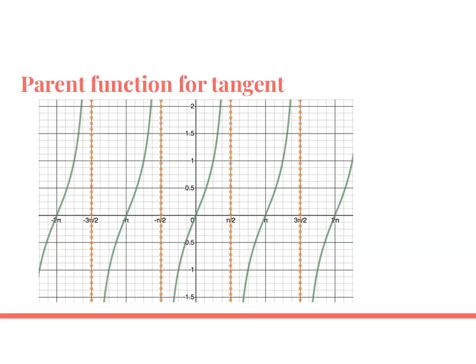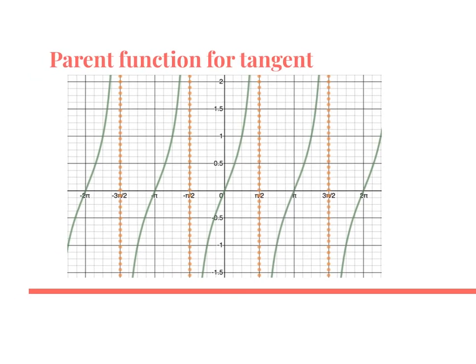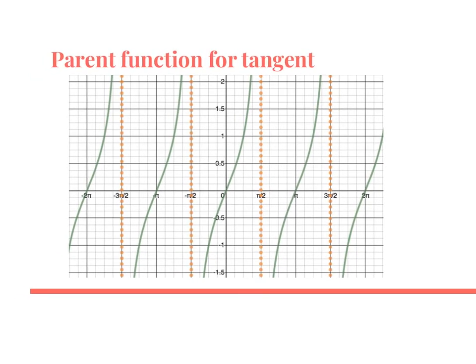The last graph we're going to talk about is our tangent. Tangent is not symmetric the same way as sine and cosine anymore. It does not oscillate in the same fashion, although those points are replicated. Let's remember that at pi over 2, which was 90 degrees, your graph was undefined. That's why you have this asymptote at pi over 2, and that asymptote is going to repeat again at 3 pi over 2.